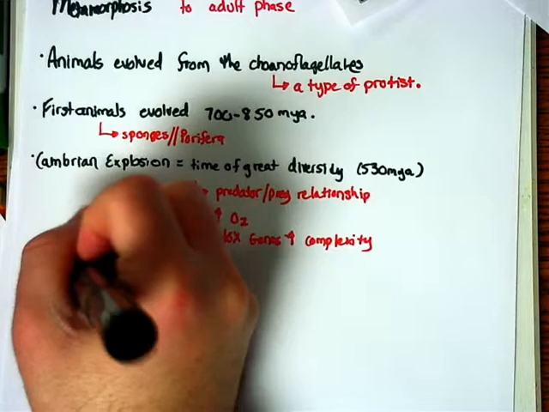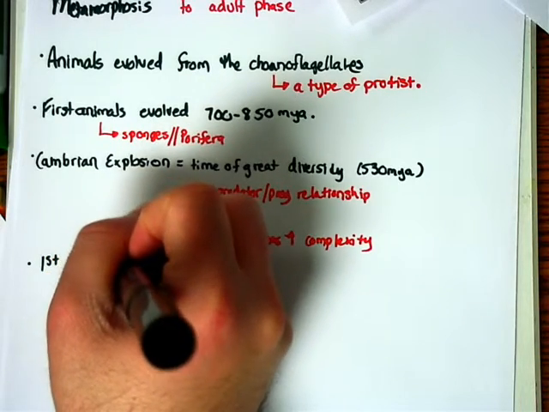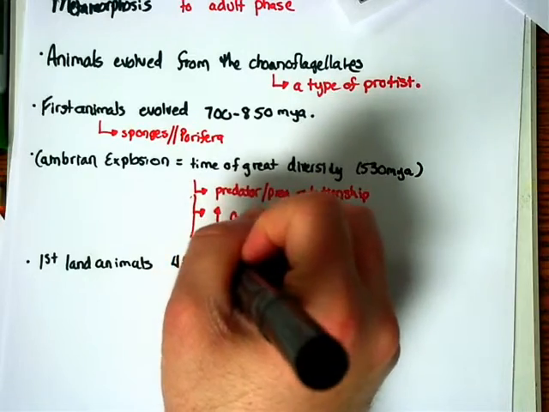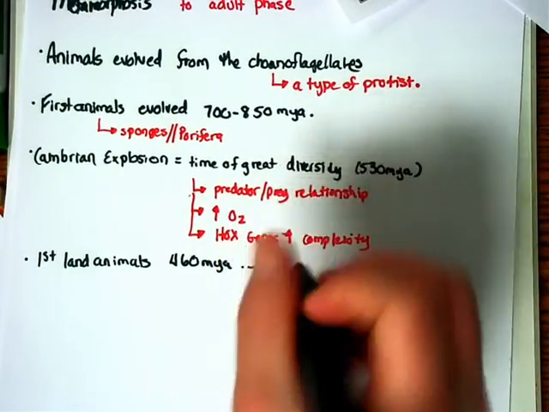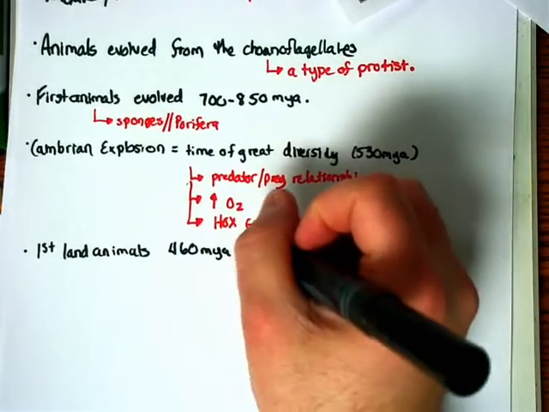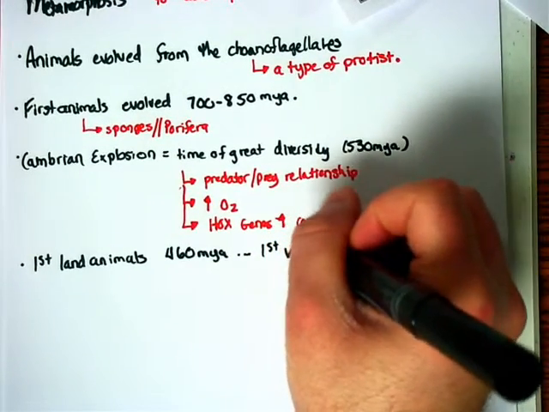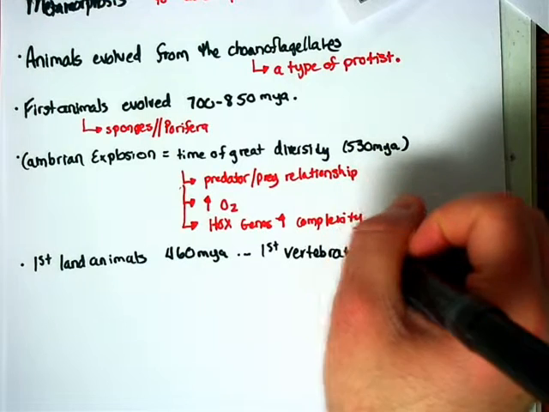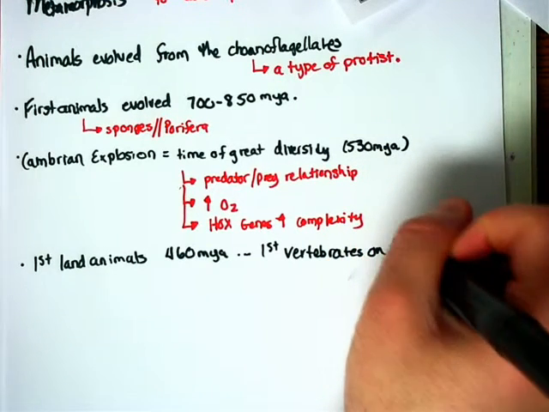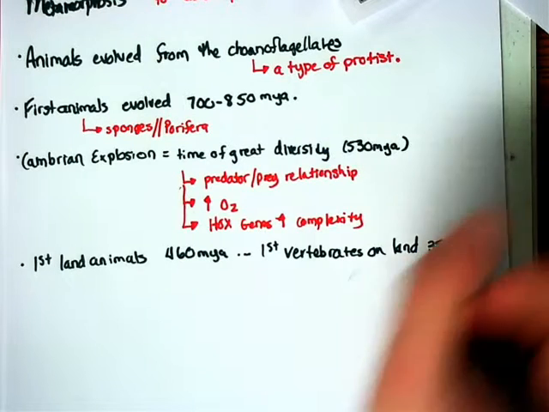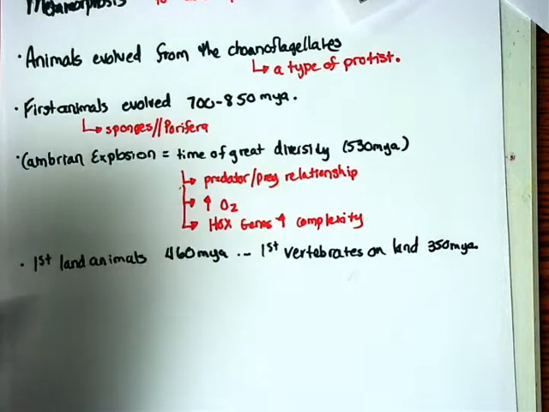Your first land animals were about 460 million years ago. The first vertebrate land animals was about 400 million years ago, maybe 350 million years ago. Yeah, it makes better sense. It's about 100 million years difference.